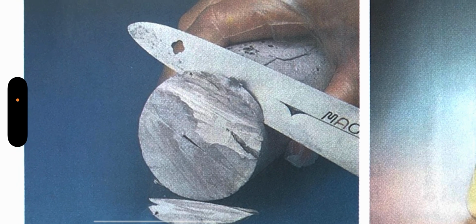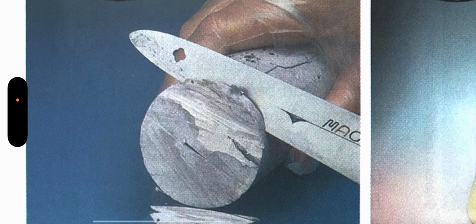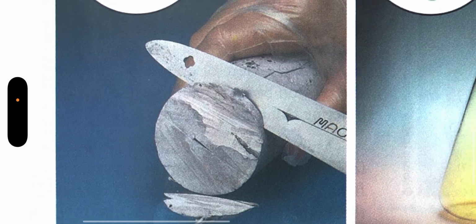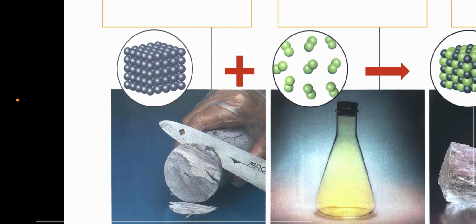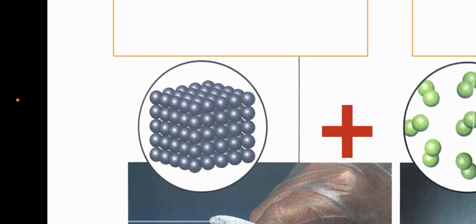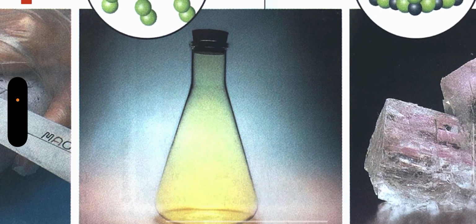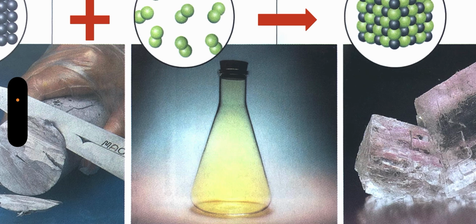It's kind of gray, kind of shiny, and it looks like someone has a glove on that's holding it, and they're pushing a knife blade through it to bring chunks of it off. And then we have this model of it, of gray spheres all stacked together in a very rigid, repeated pattern. Then we have a vial or a flask of some kind of foggy substance.